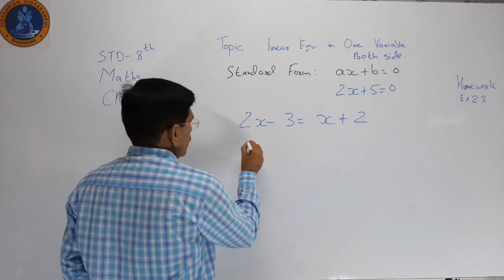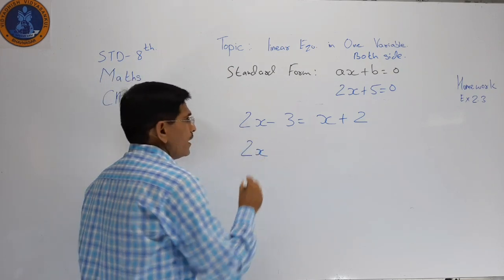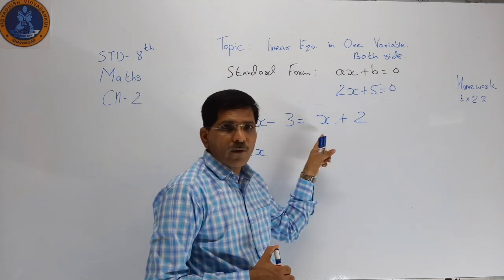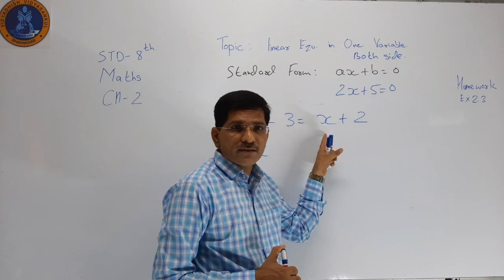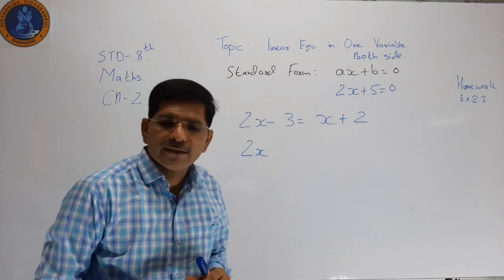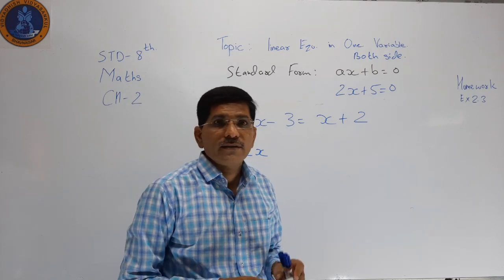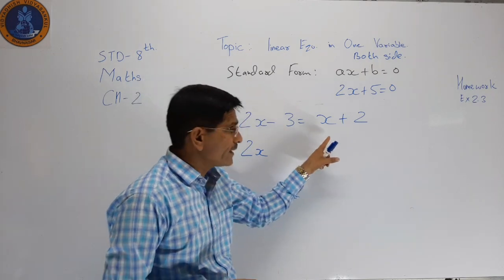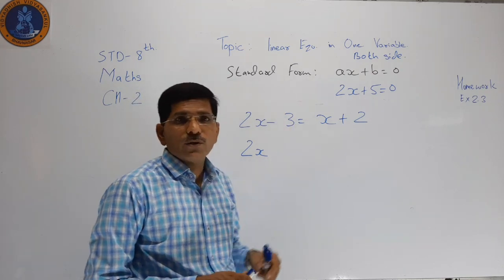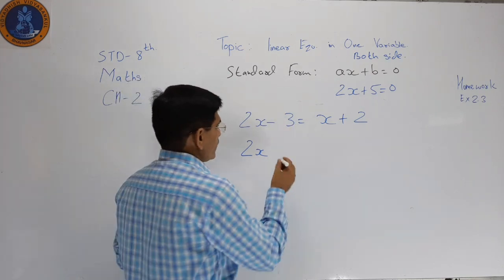Now I want to shift this x from the right hand side to the left hand side. When I shift it, plus should be converted into minus, so I write minus x.